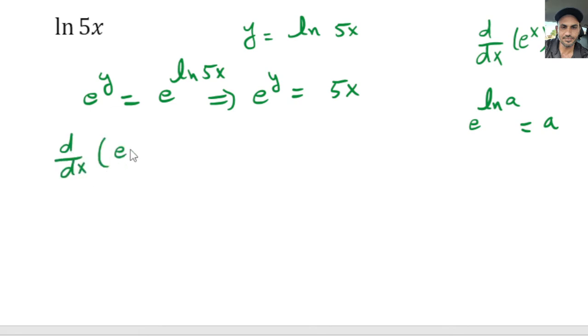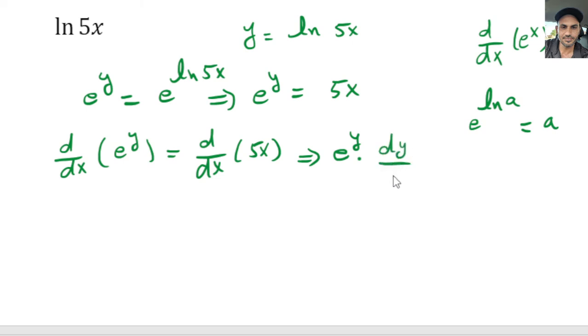Now we take the derivative on both sides. d over dx of e to the y equals d over dx of 5x. The derivative of e to the y is e to the y times dy over dx.